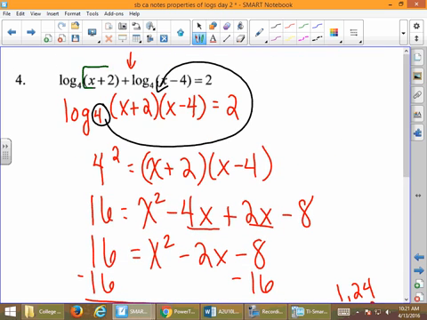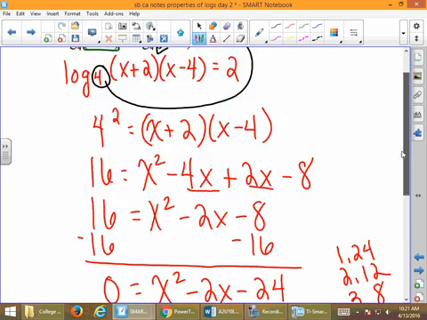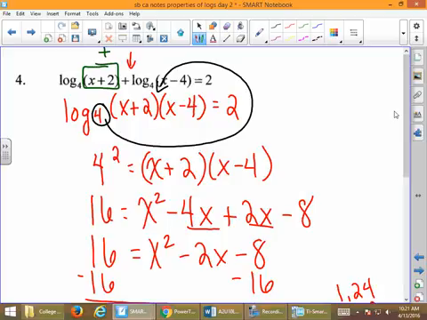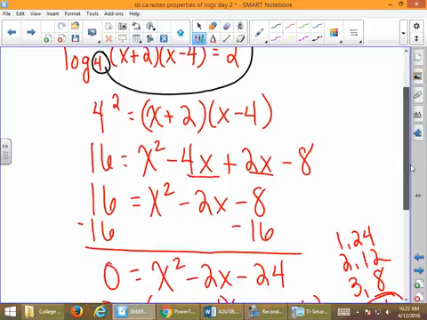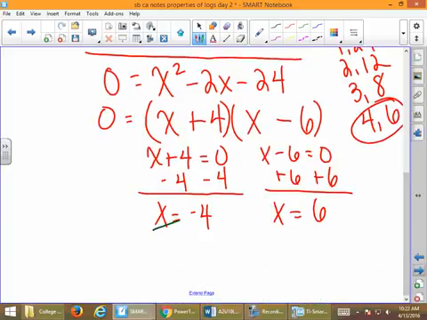This part of the logarithm must be positive. And when we put in our first value, negative 4 plus 2 is negative. Not part of our domain. This is going to be extraneous.